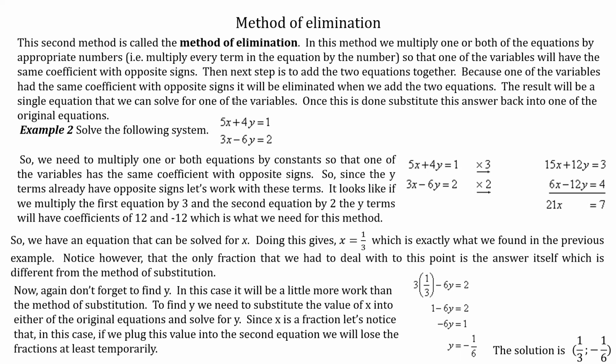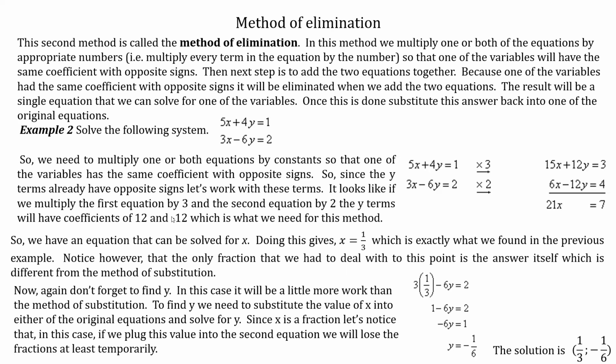solve the following system of linear equations. So we need to multiply both sides by a constant, so that one of the variables has the same coefficient with opposite signs. In this example, since the y terms already have opposite signs, let's work with these terms.